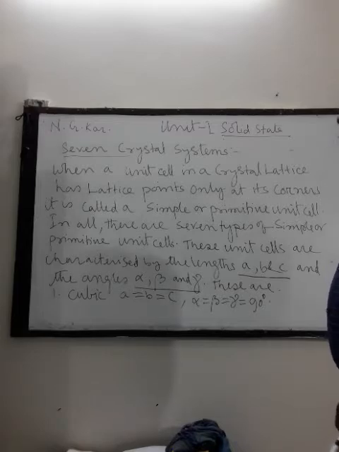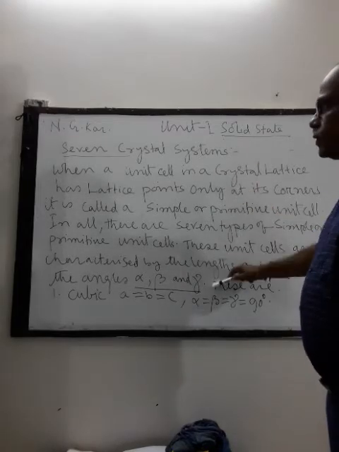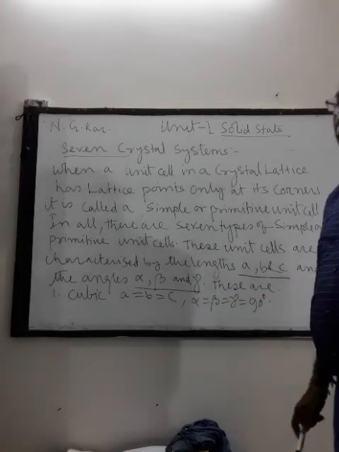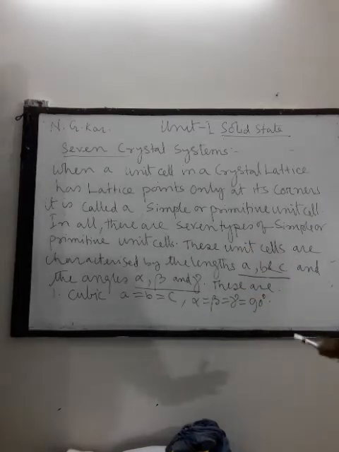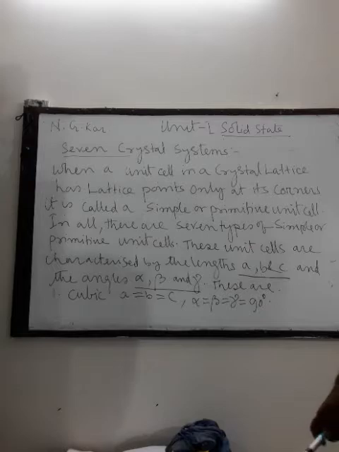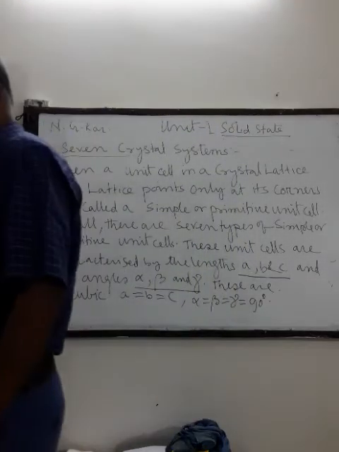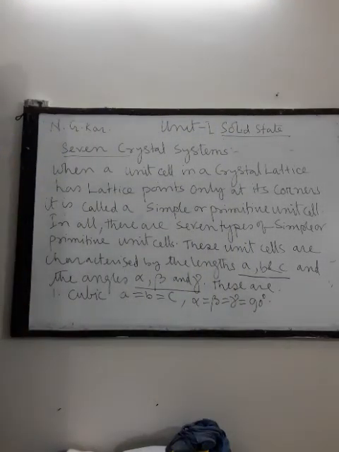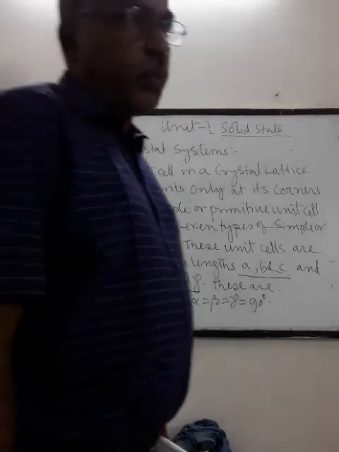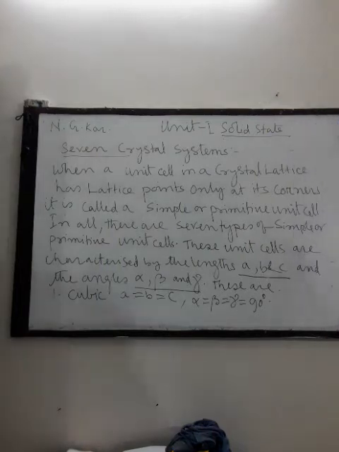So first of all note this point, and then I will continue with the different types of unit cell depending on A, B and C and also alpha, beta and gamma.